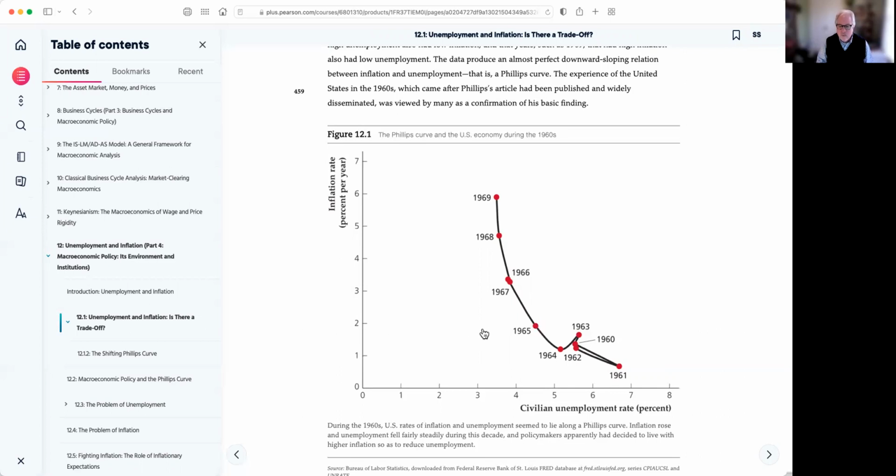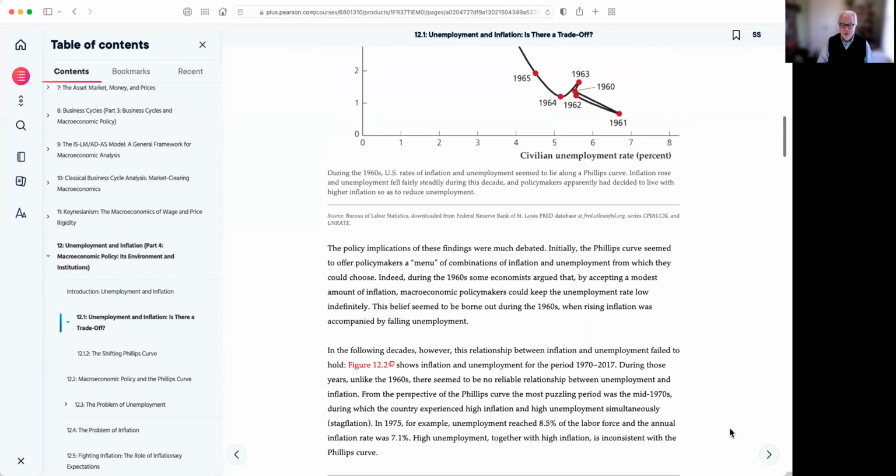But you can see that 2% inflation rate is about consistent with the full employment unemployment rate, at least based on this data in the 1960s. And we're going to talk more about that in just a moment, about the fact that this is not necessarily a stable relationship, although policymakers at the time thought perhaps that it was.